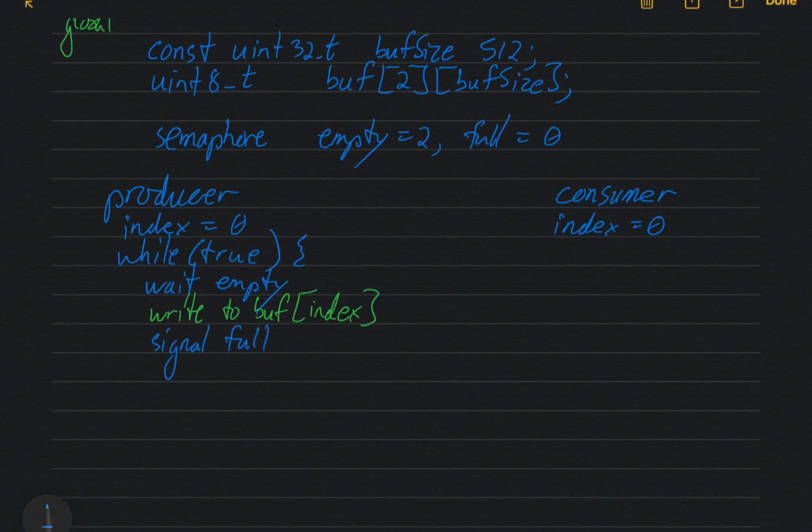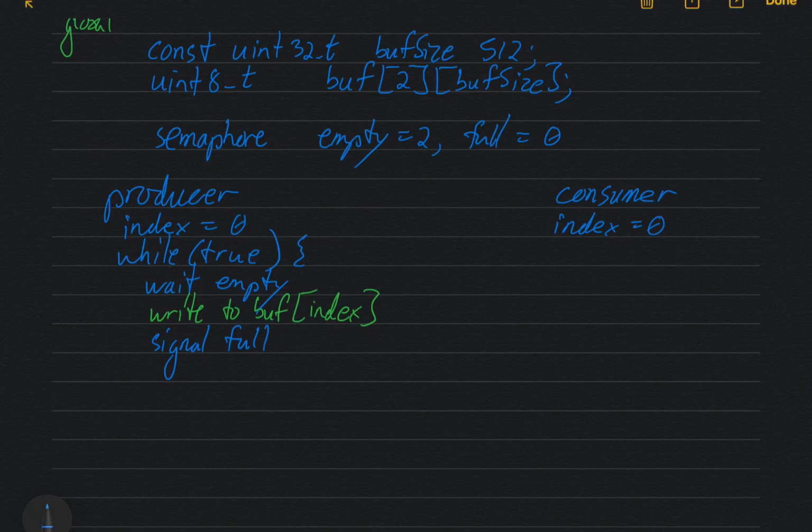So the consumer, assuming that it's already running, will have blocked on the full semaphore. This will unblock and it will go ahead and start consuming the first buffer, buffer 0. And I'm not going to add the extra text to this about producing the data. Let's assume that it's producing it either before it waits on empty or while it's writing to buffer.